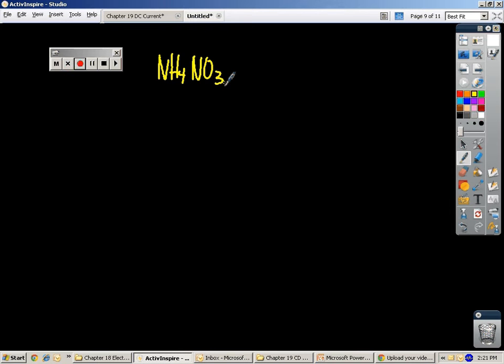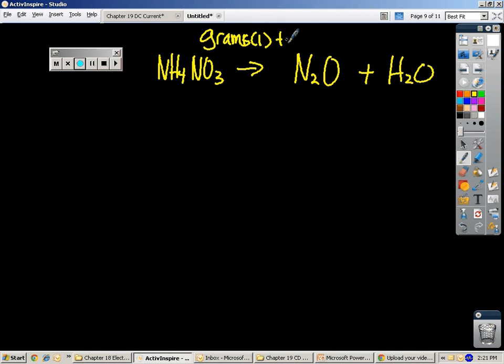Can you write it a little bit further apart? Sure. Yep, grams to grams. So we'll entitle it grams 1 to grams 2 because you're going to be converting between grams of one substance to grams of a second substance.